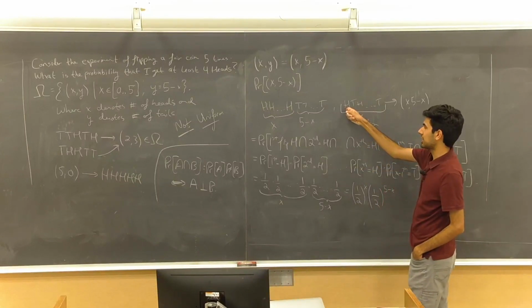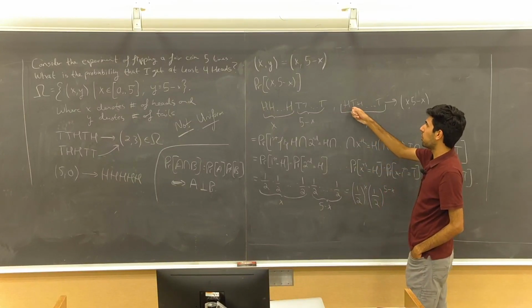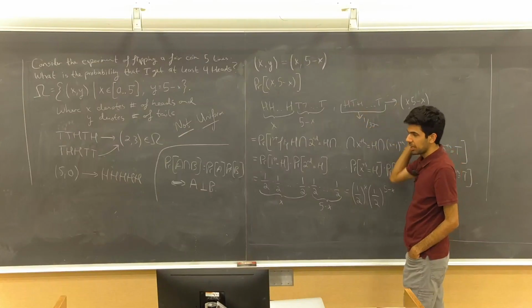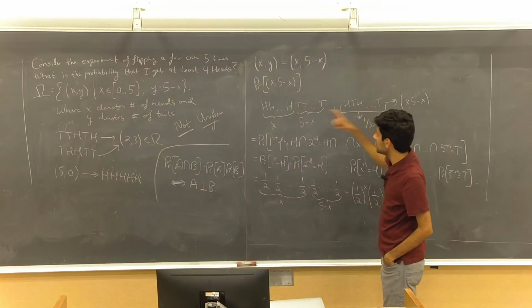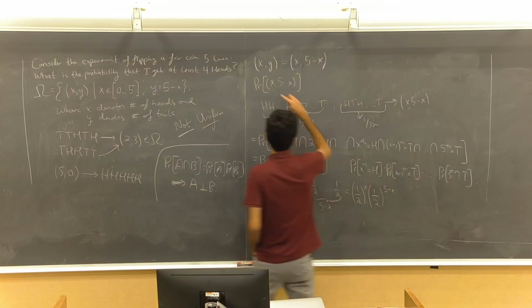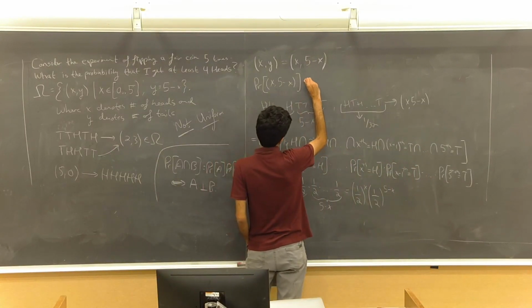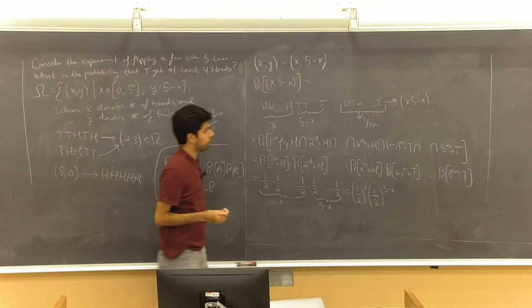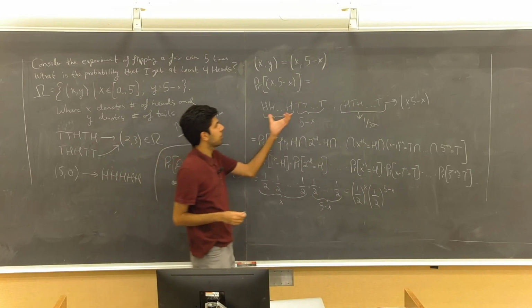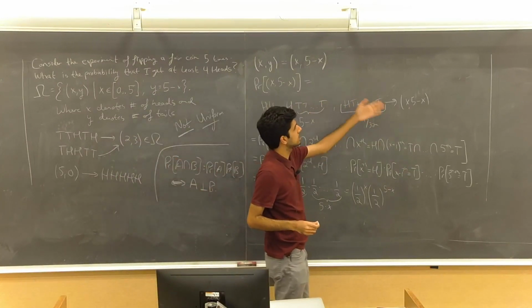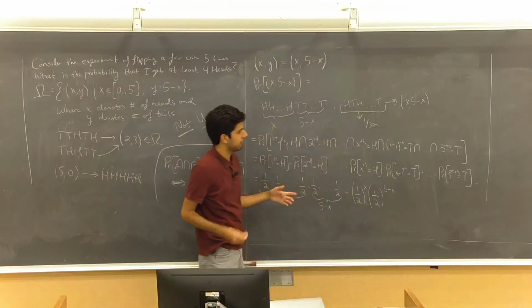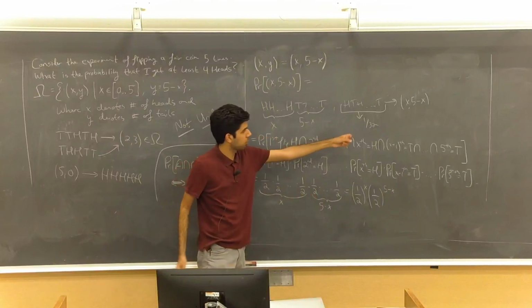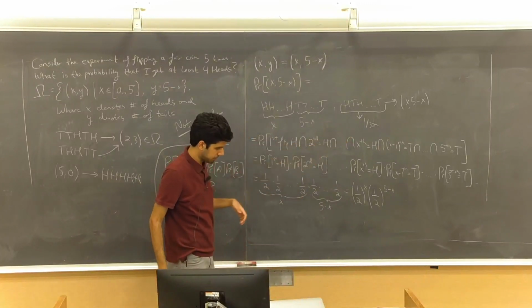Because there's a 1/2 chance I see a heads on the first flip, a 1/2 chance I see tails on the second flip, and so on and so forth. So all of these have the same probability. To find the probability of us seeing this outcome, however, we have to consider all such sequences that yield x comma 5 minus x and multiply 1/32 by that.